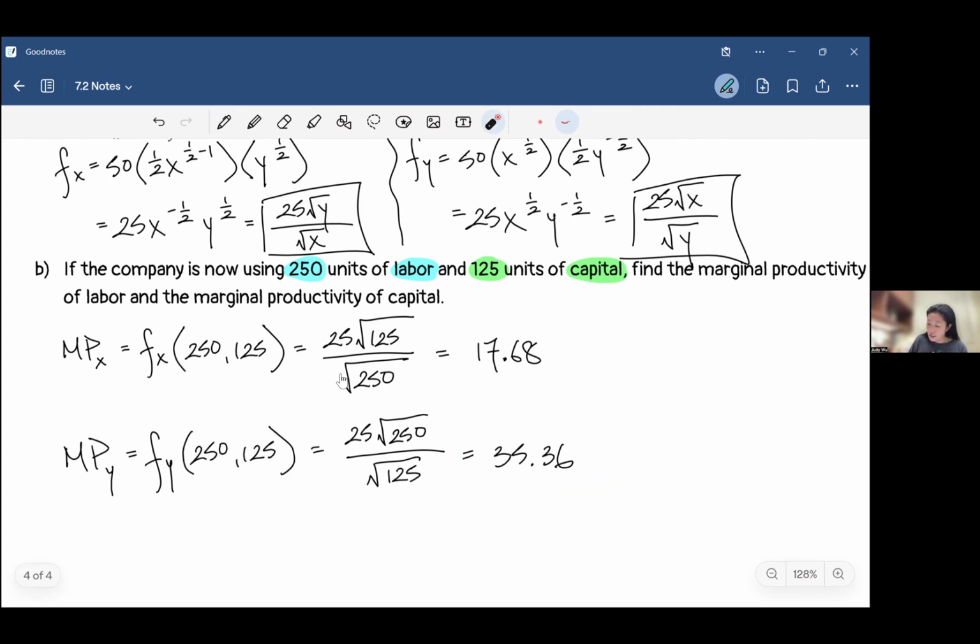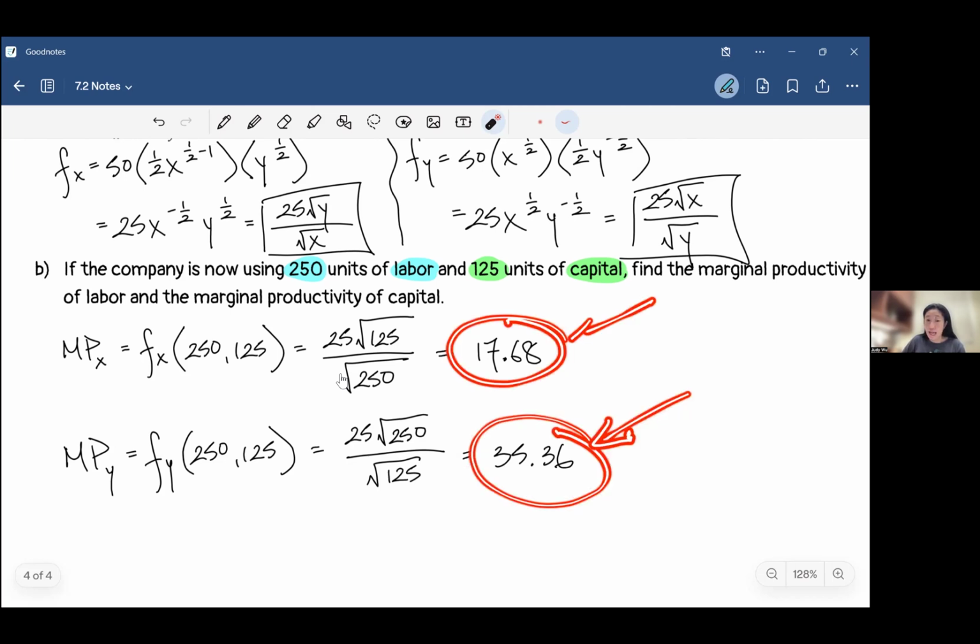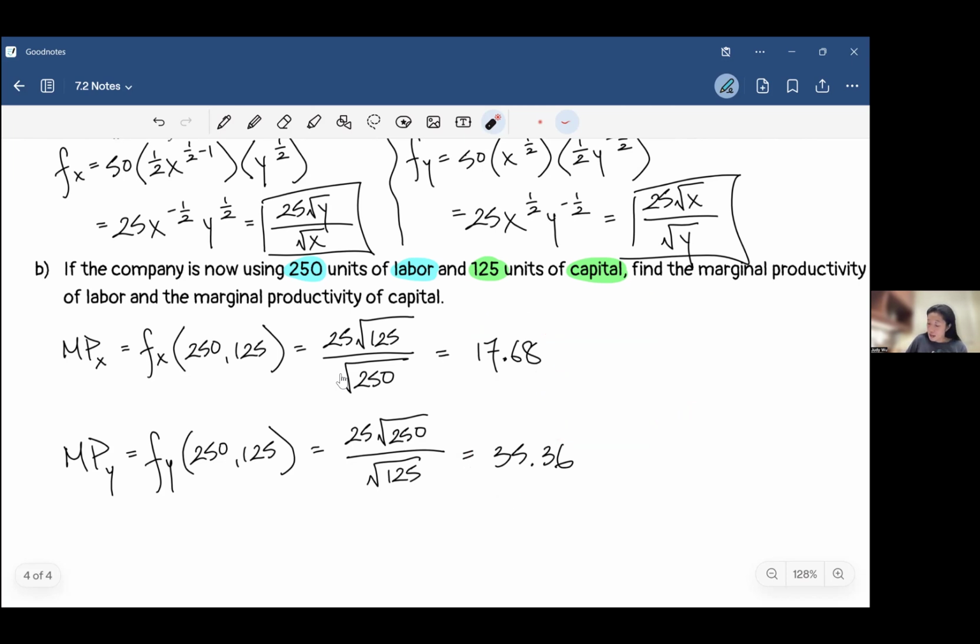In fact, we could see, should we add more labor or should we add more capital? If we add more capital, we're going to get more productivity. So at this point, it's really important we put more money, more capital into the business and focus less on increasing the labor. Okay. Now, if this was a negative 35, we would say, oh, we don't want to add more money because that's actually causing our productivity to go down.